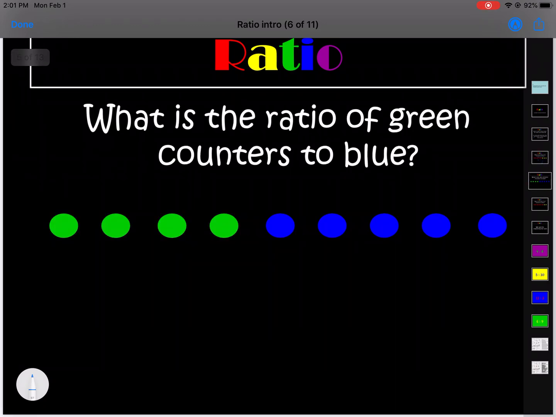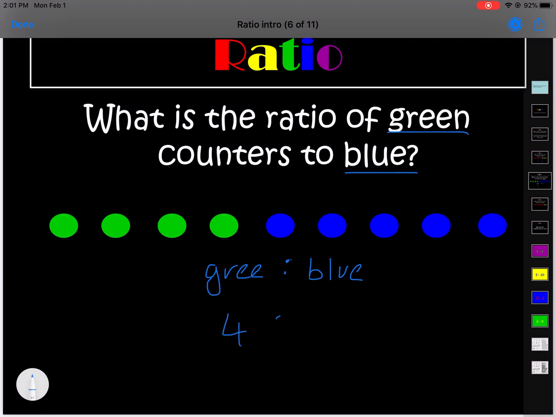Okay, let's see another example. In this case, we are asked for the ratio of green to blue. So it's going to be green on the left, dot dot, blue on the right. There are 4 greens to 5 blues. Okay, now these can be used in, say, recipes. 4 parts eggs to 5 parts flour.